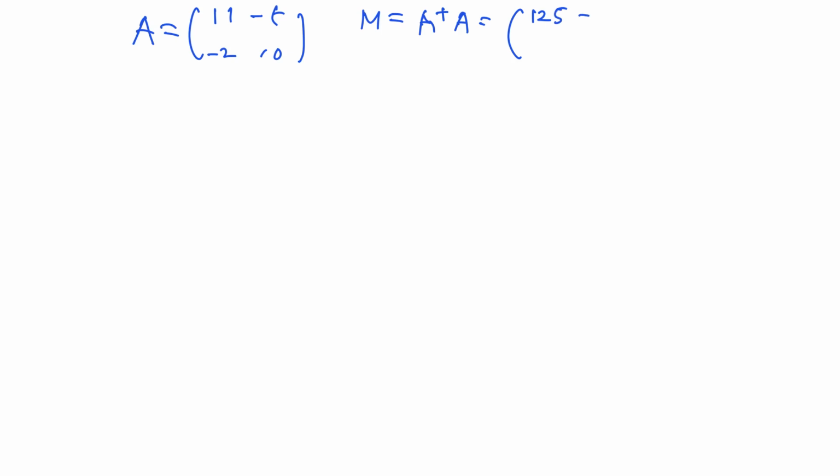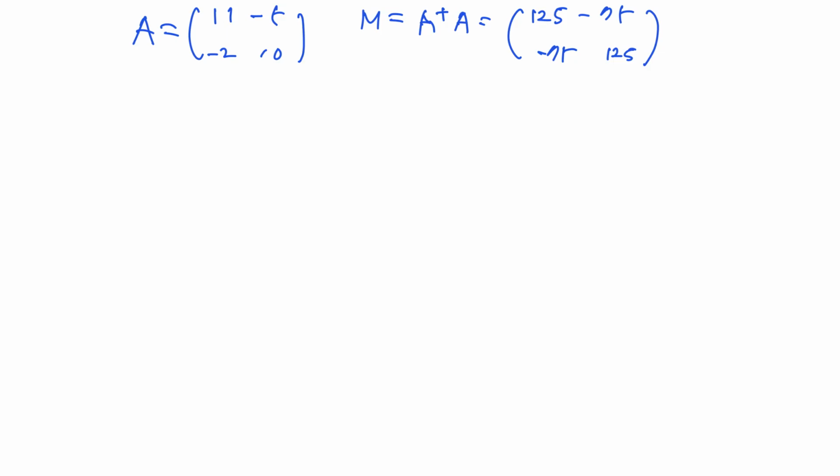So to summarize, when A is given by 11, -5, -2, 10, M is defined as A dagger A, which is 125, -75, -75, 125.